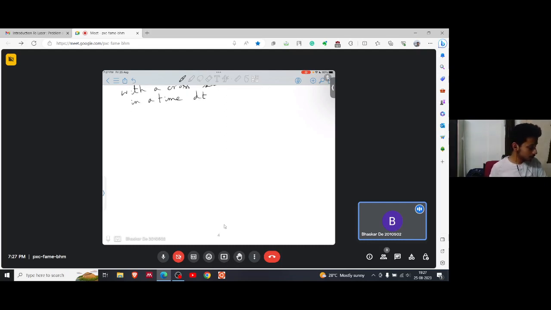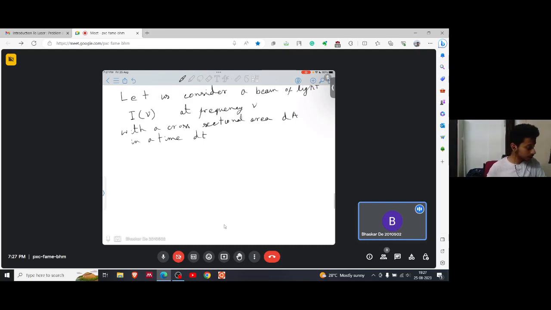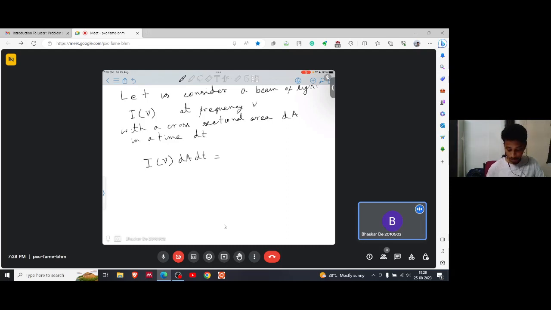The energy of radiation would be the product of the intensity of the beam, the cross-sectional area, and the time duration, so that will be I nu dA dt. This will be equal to the energy density multiplied with the volume.